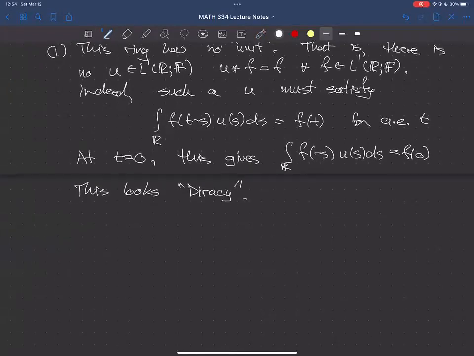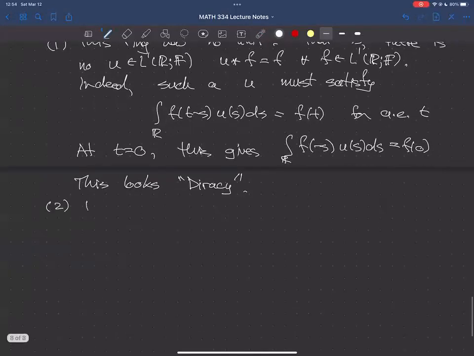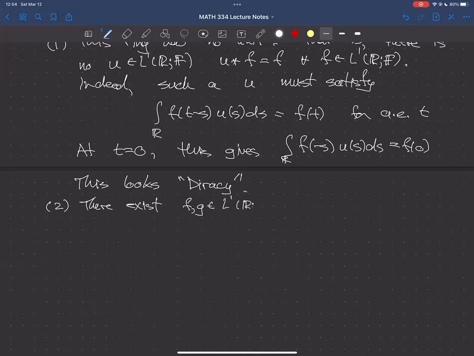Another not entirely nice property of multiplication is that there exist non-zero F and G in L1 for which F star G is equal to 0. This has to do with the invertibility properties of multiplication.